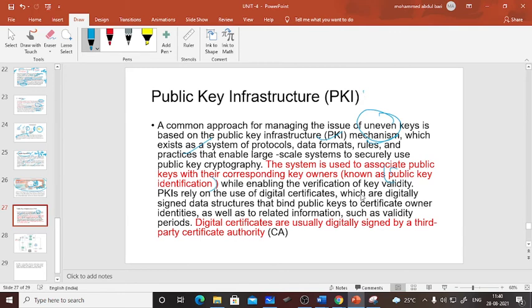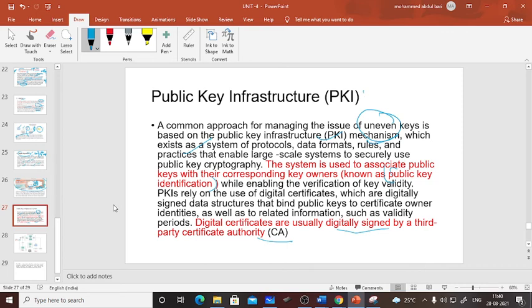All the data of the organization will be seen, and then the certificate will be issued. Digital signatures are usually digitally signed by a third party certified authority. So a digital signature is based on your organization, its rules, and the algorithms the organization follows.